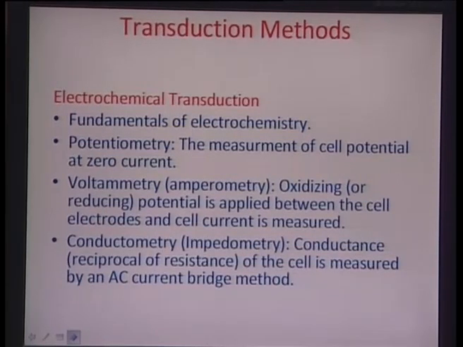We will now turn back to our initial line of thought on sensors, which we had covered even last lecture and before. And we will look into a little bit of fundamentals of electrochemistry or electrochemical sensing.